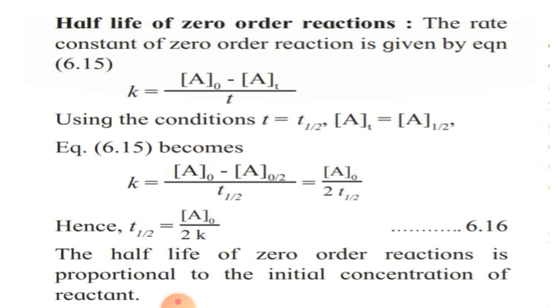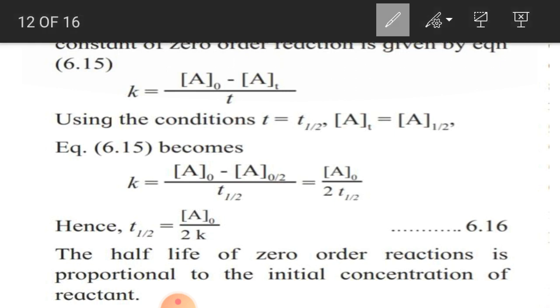So here we are considering t is equal to t half and At is equal to A naught upon 2. Fine student, it is not A 1 by half, it is A naught upon 2. Why? Because the initial concentration of the reactant is A naught, that has changed to A naught by 2 at time t half.